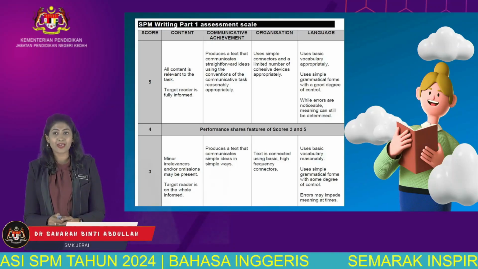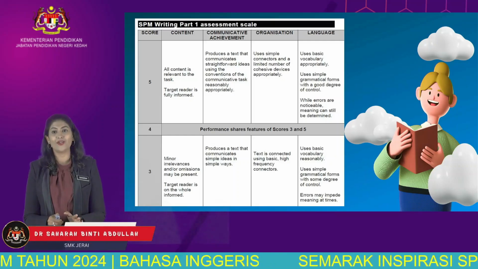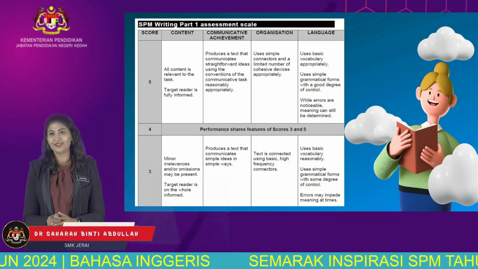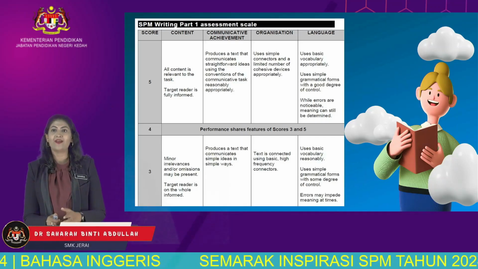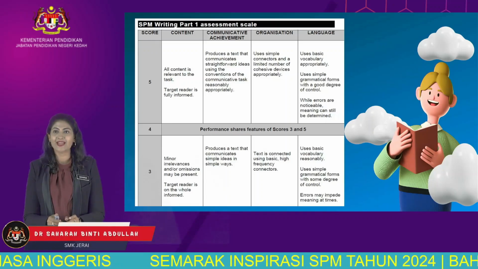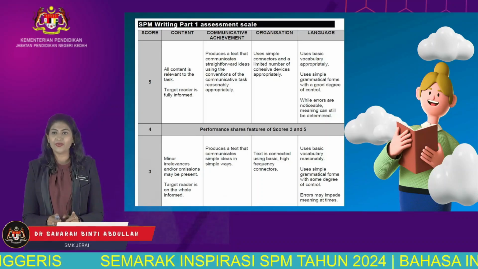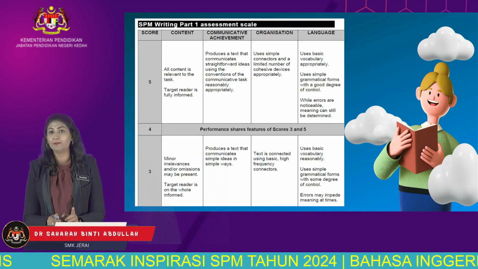To get 5 for content, you must answer all the content points given, I would say the task given to you. For communicative achievement, look at what they have mentioned: produces a text that communicates straightforward ideas using the conventions of the communicative task reasonably appropriately.